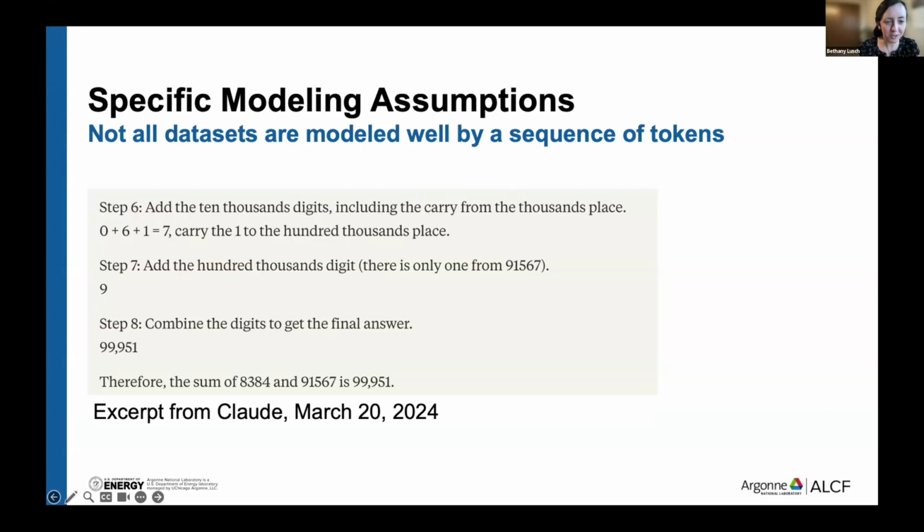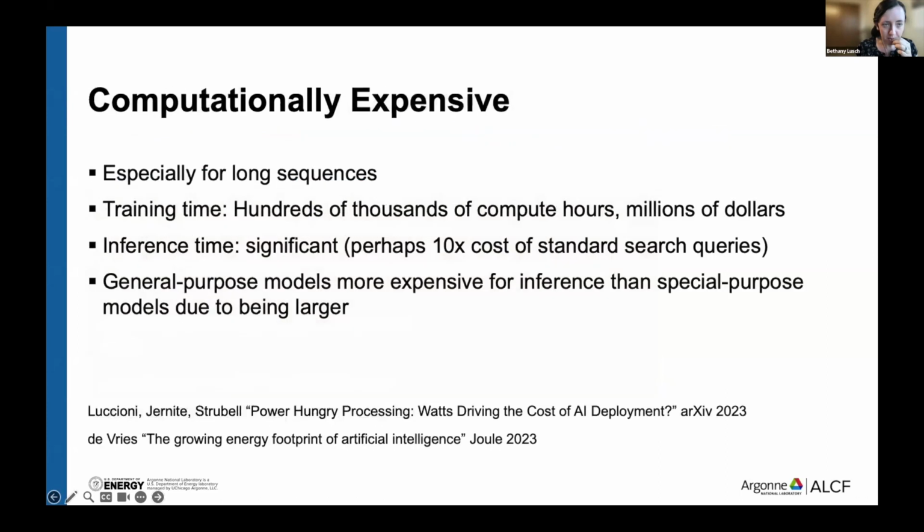And of course, it would be way more efficient to use a calculator and maybe have a formula for how to explain addition with multiple digits. You could programmatically create this explanation.